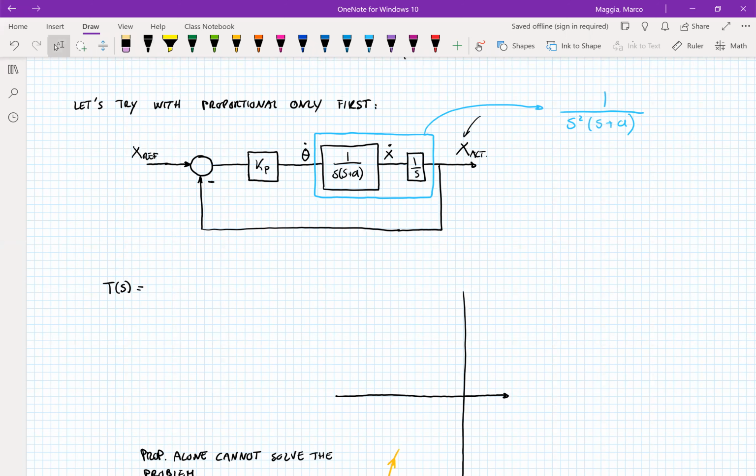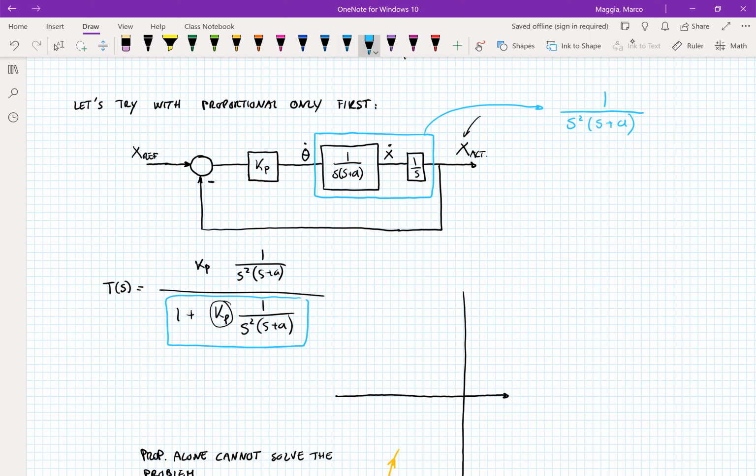Once again, first thing to do, let's write down the closed loop transfer function. And then the best thing that we can do, once again, is to try and draw the root locus, because we only have one parameter, kp, so why not draw the root locus? So our characteristic polynomial is the denominator of the closed loop transfer function.